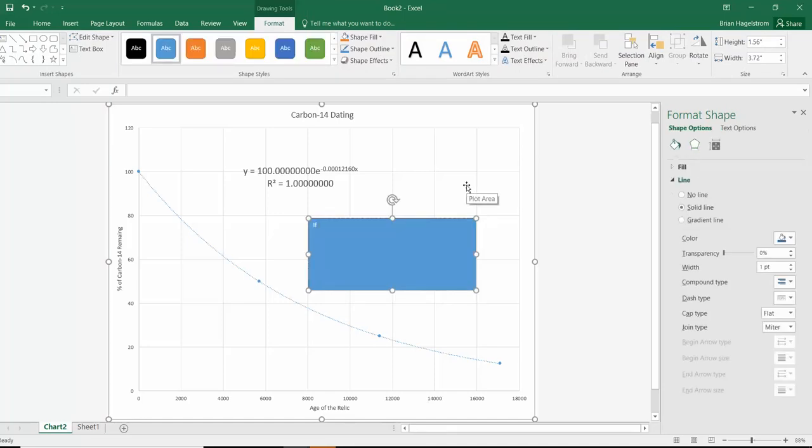So if 20% of the carbon-14 remains in a relic, I'm going to assume it is about 13,200 years old, give or take a few hundred years.